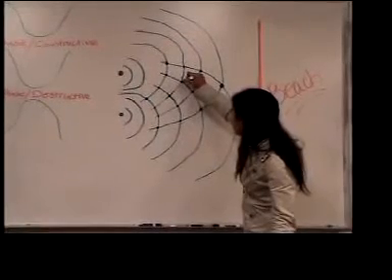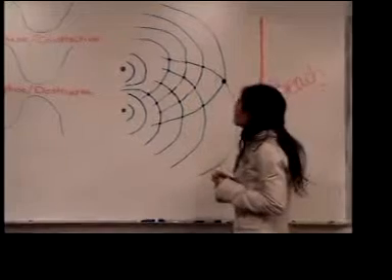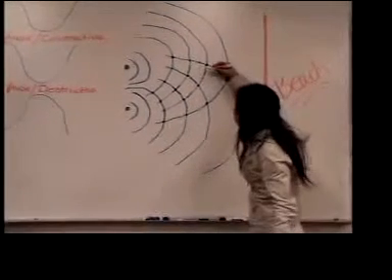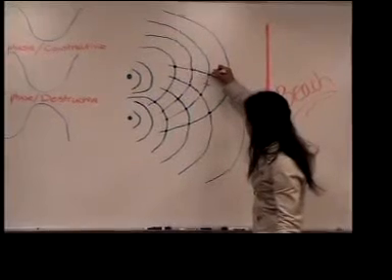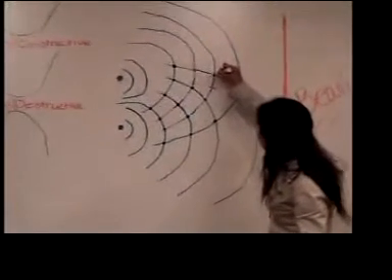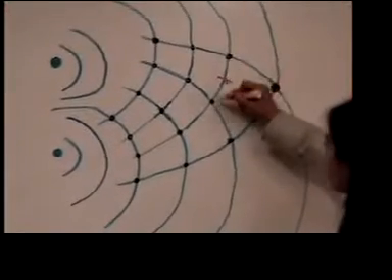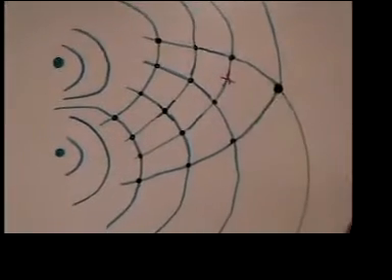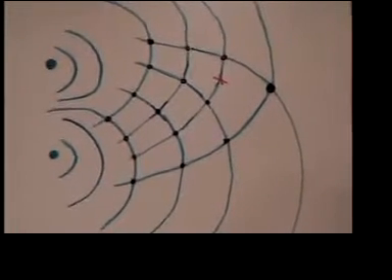Here you'll have the waves meeting together at the same point, creating a big wave. And then your destructive interference will be in the middle of these points. So right in the middle, between these two constructive interference points, you'll have your destructive, where you'll have no wave at all.